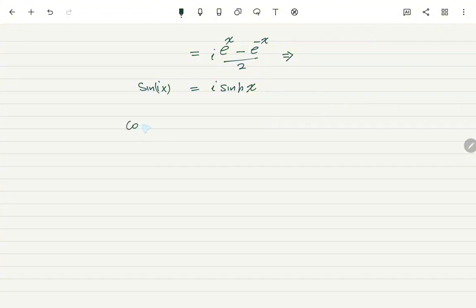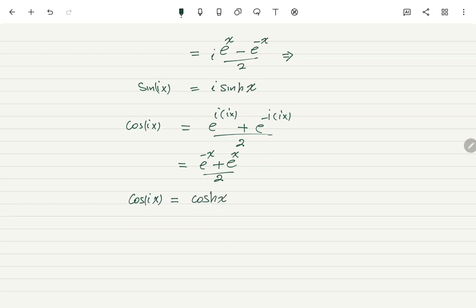So cosine ix, use the definition, and instead of x use ix: (e to i(ix) plus e to minus i(ix)) divided by 2, which equals (e to minus x plus e to x) over 2, and therefore cosine ix is equal to cosine hyperbolic x.